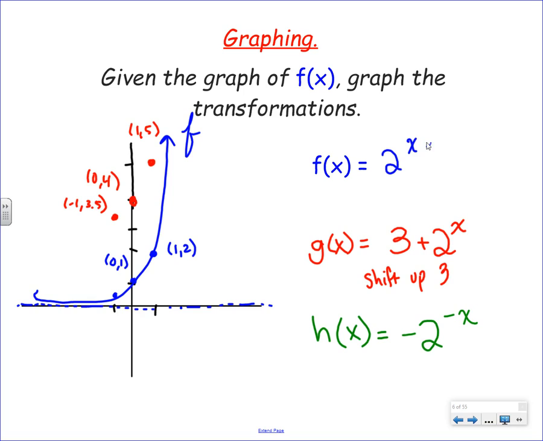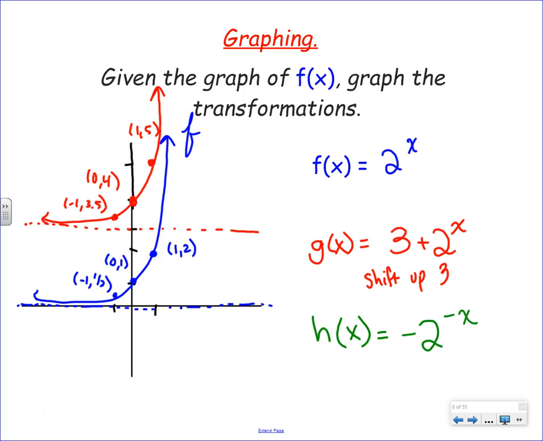Good question. What would be something else that's good to shift besides the points? Yeah, the horizontal asymptote. Because it will help us with our graph as well. True? So you're not always shifting points.